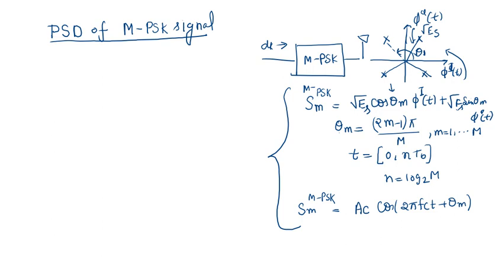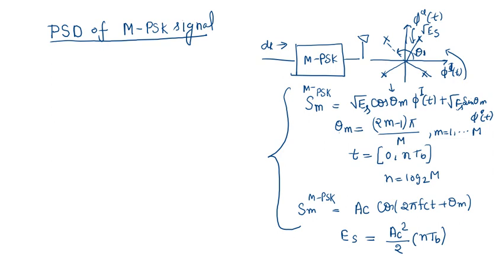And this is root Es, because we know that this is the energy and energy is Es. And how are this Es and Ac connected? If you remember, for Ac cos 2 pi Fc t, the energy of such a signal is Ac squared divided by 2 multiplied with the duration. So this is how Es and Ac are related.